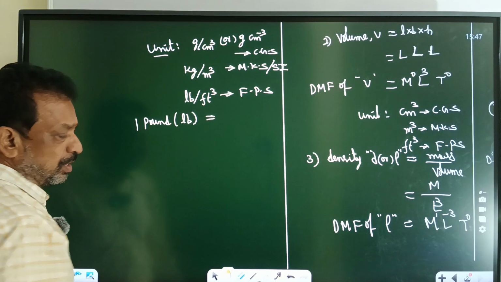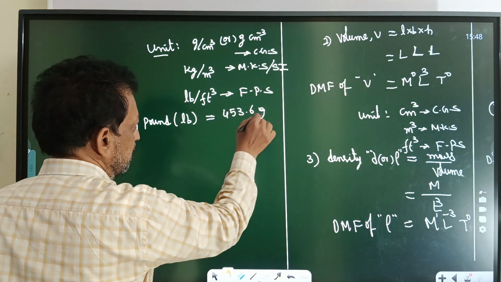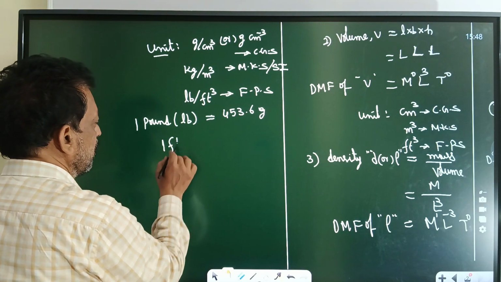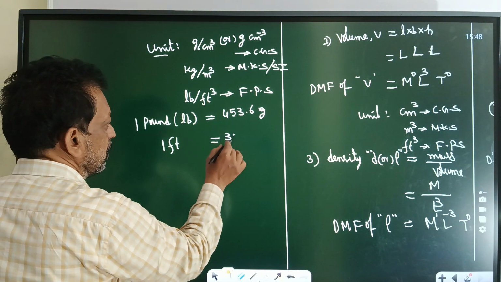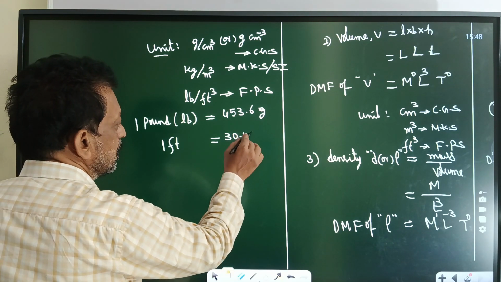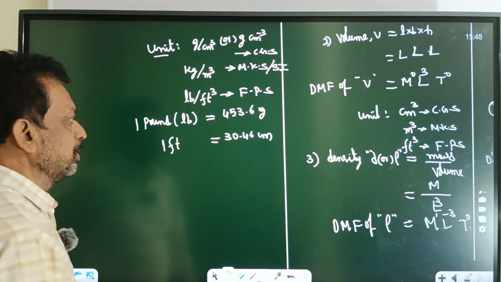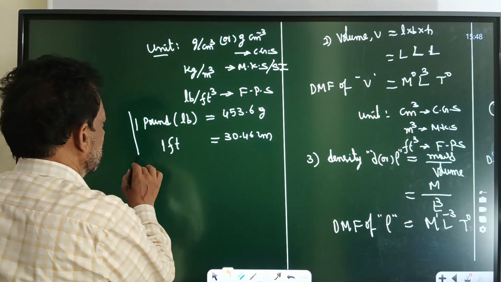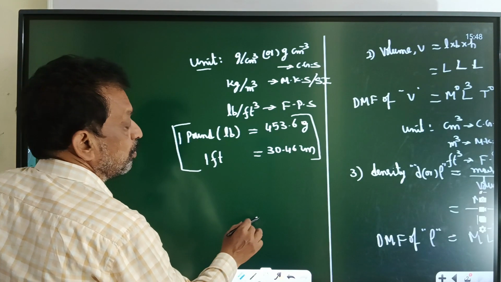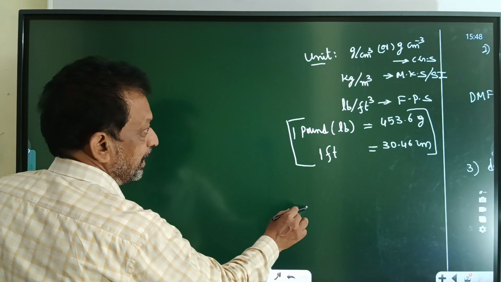It is not kg. 1 pound is equal to 453.6 gram. And 1 foot is equal to 30.48 centimeter. Okay, this you have to remember first. Now, density is over.